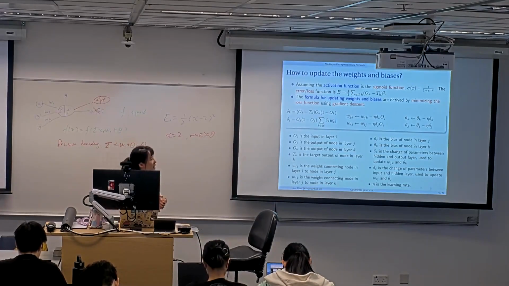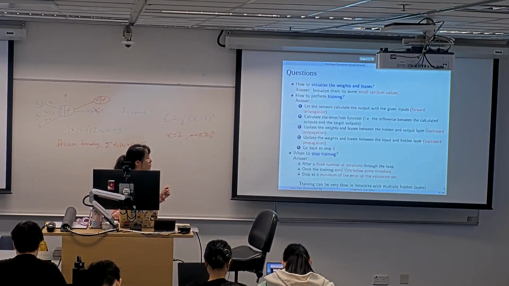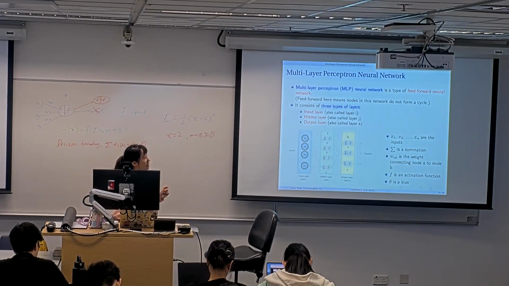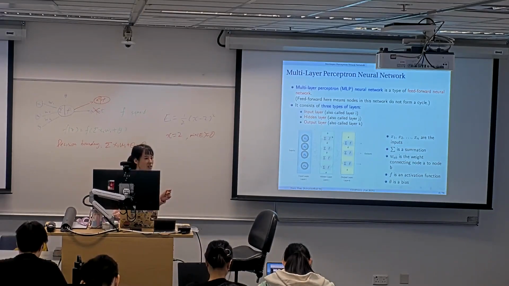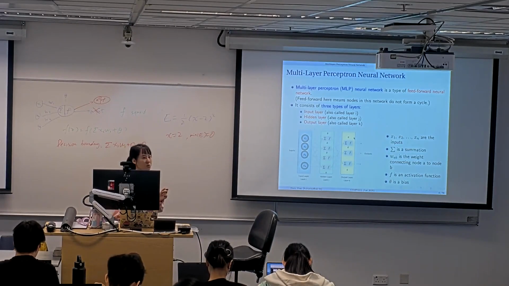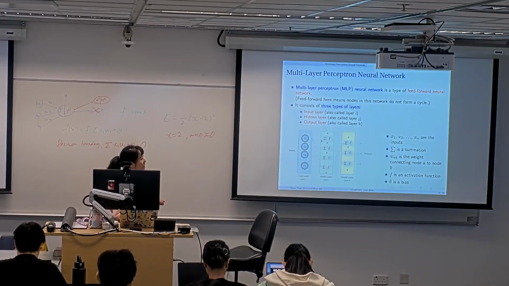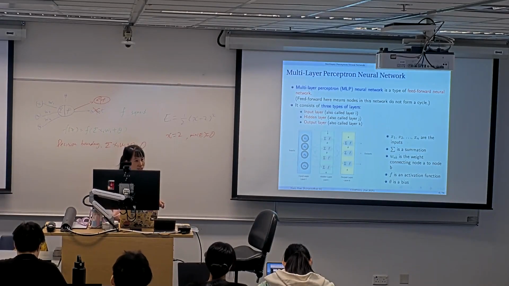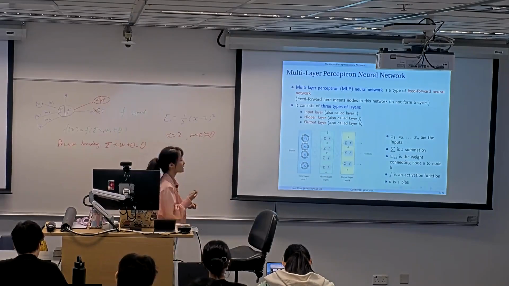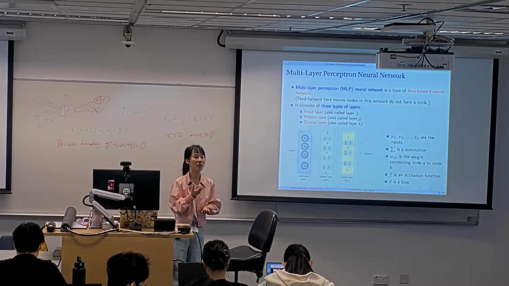Very good. Another very good question is that we compute delta K and we compute delta J, but there are many nodes in layer K and many nodes in layer J, right? Then should we just use one delta K to update all of them? No, for each node we compute delta K, and for each node here we compute delta J. Note that delta K and delta J are just the change of parameters for a single neuron.